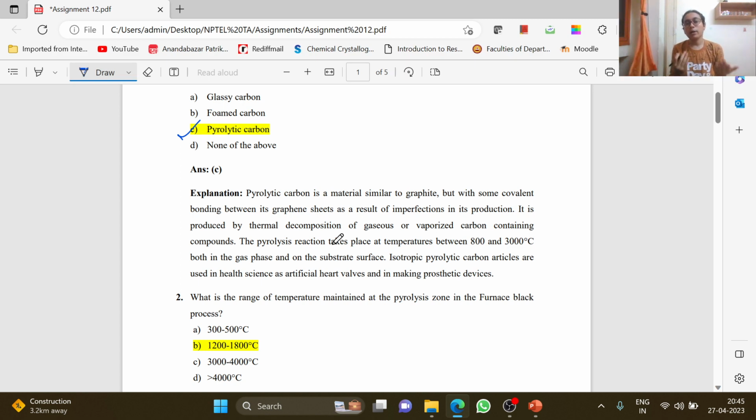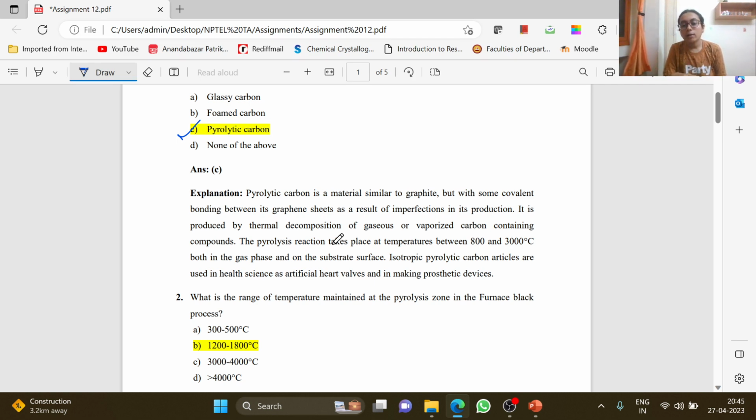But pyrolytic carbon, when we subject graphite to pyrolysis, forms some covalent linkage in between two sheets, leading to some imperfections. It is produced by the thermal decomposition of gaseous or vaporized carbon-containing compounds, and the pyrolysis reaction takes place at temperatures between 800 to 3000 degrees centigrade, in both the gas phase and on the substrate surface.